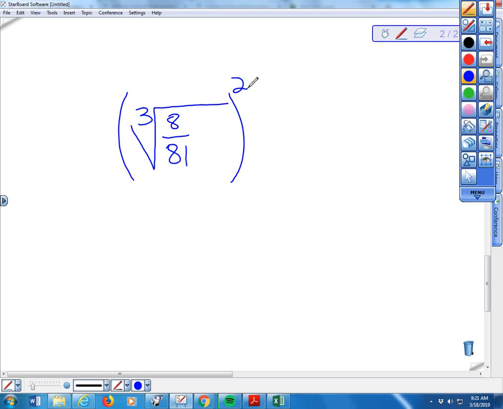Let me know when you're ready for me to go through it. Do this without a calculator if you can. Simplify where you can first. How am I supposed to simplify this?